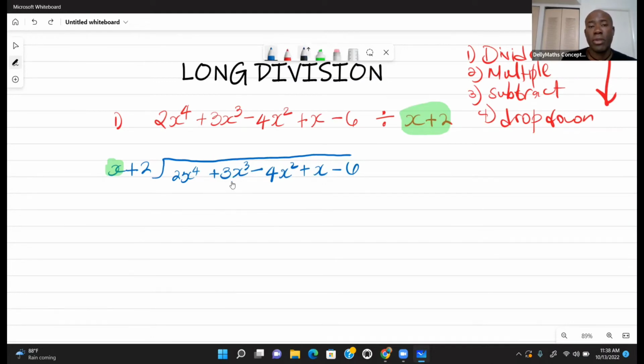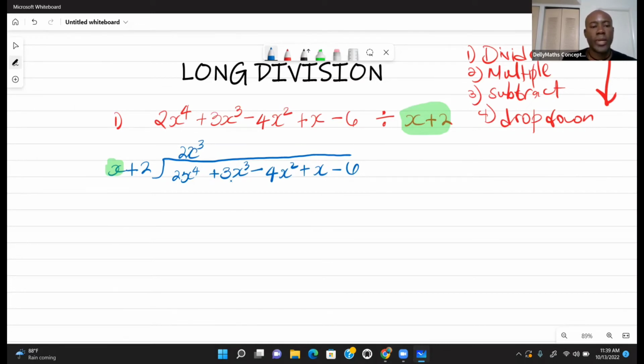The x will divide into 2x to the fourth, and we're going to get 2x to the third. Now we do step 2.